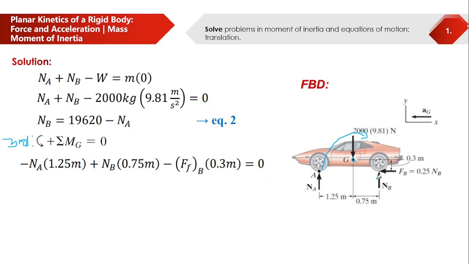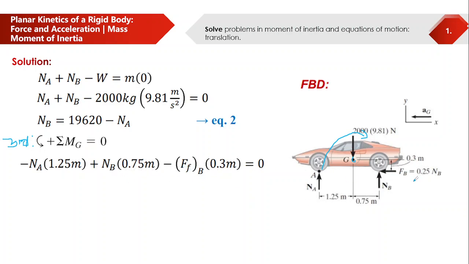Just to be safe, or just for easy analysis, it's just a trick or tip. So we assume the direction of our moment will be in the direction of N sub B. So N sub B again, the moment arm is 0.75.